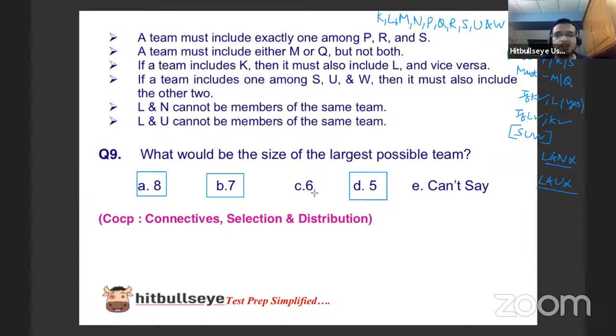Anybody with C, 6 as the largest possible team? IPL game is going on here.